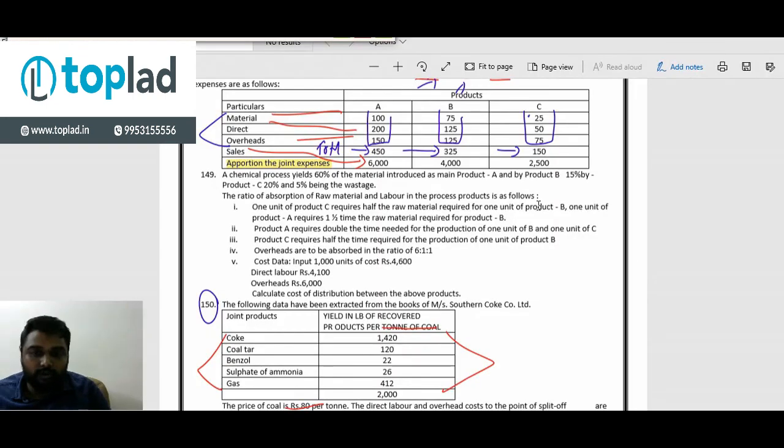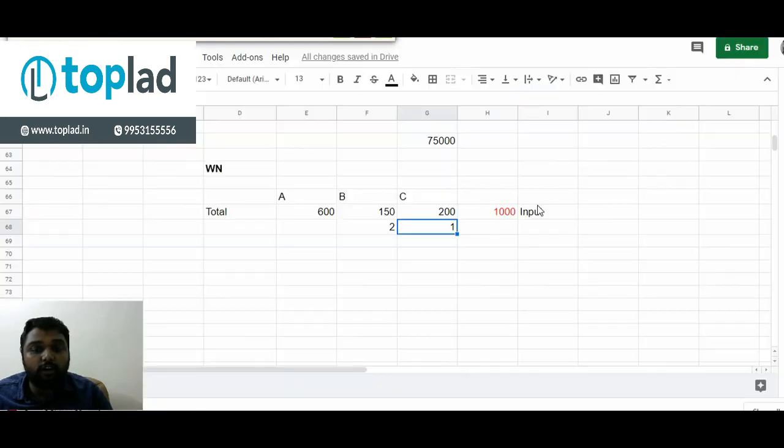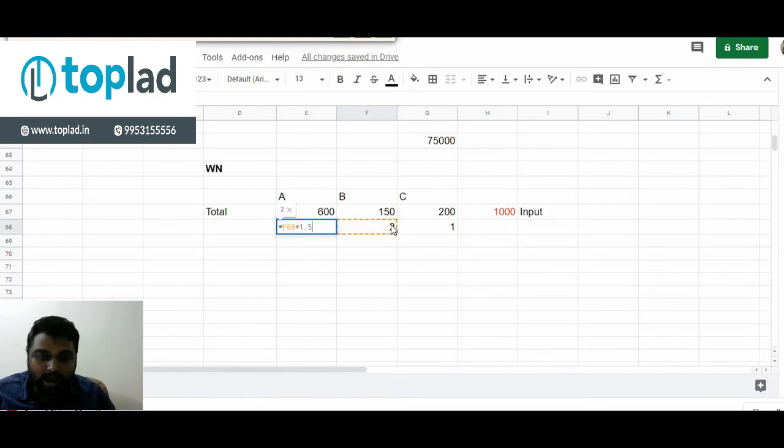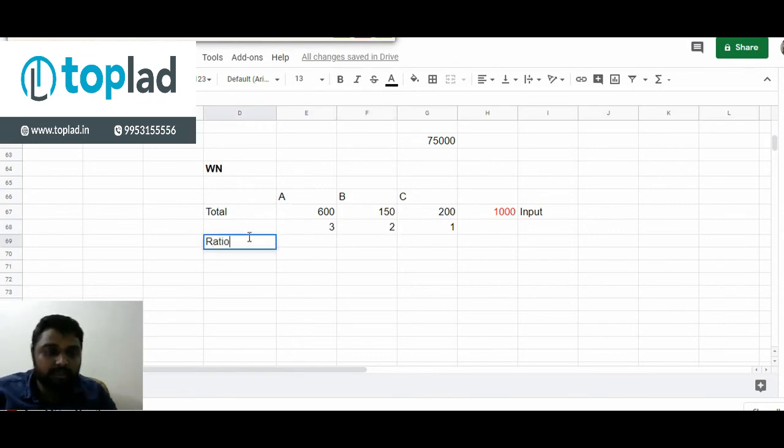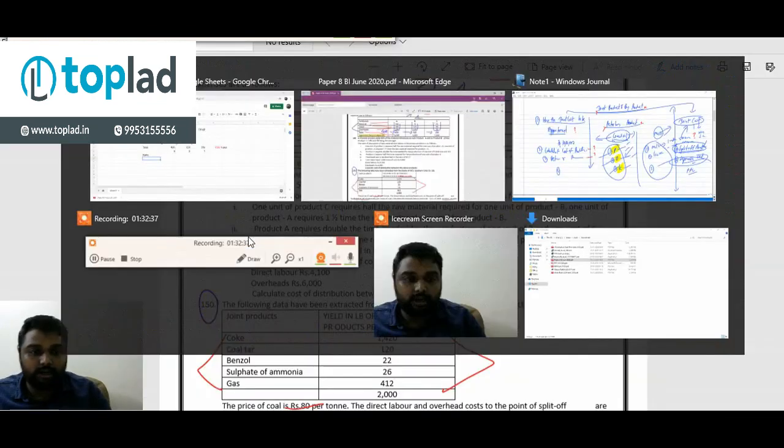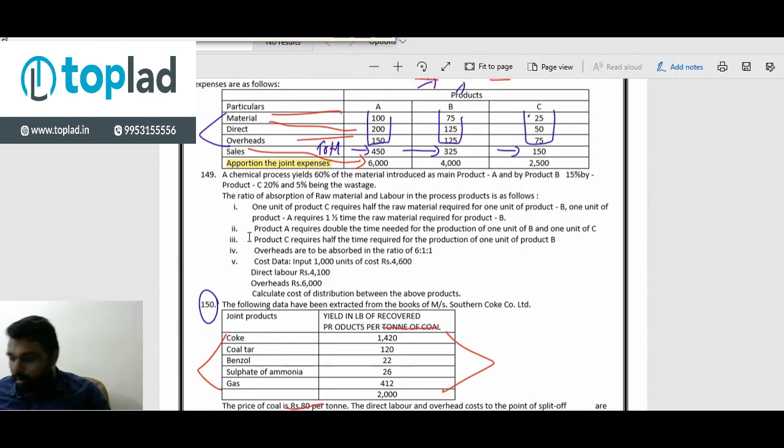Now, A requires 1.5 times the raw material required for B. So B is 2, 1.5 times that will be 3. This is for 1 unit. They tell very clearly 1 unit of product, so underline the word 1 unit.